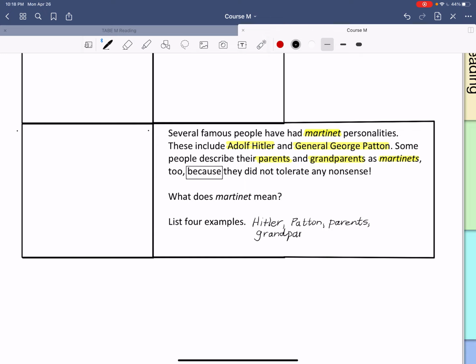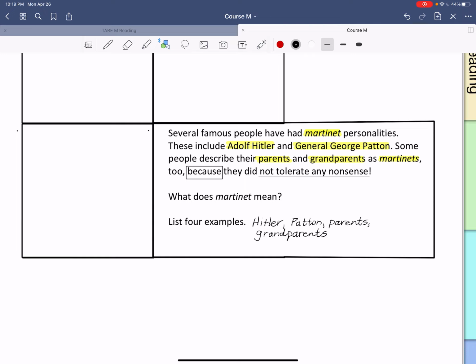So I can't say that martinet means bad. My parents and my grandparents were not bad people. General Patton is not considered an evil person, even though Hitler is. So it's not about bad and good. Here's the clue. There's a definition in there. You see how I'm using all of these clues together. They did not tolerate any nonsense.